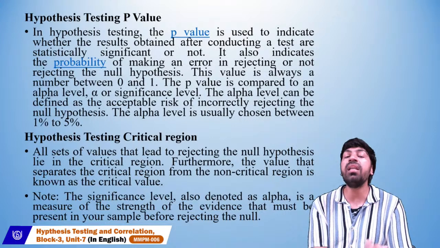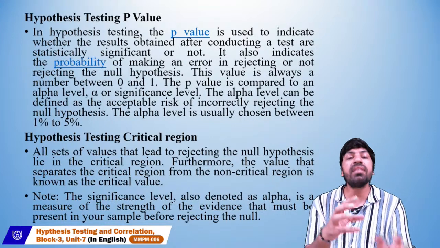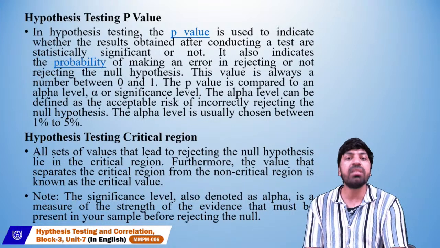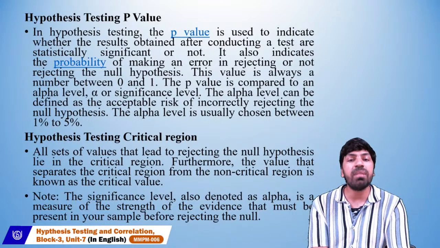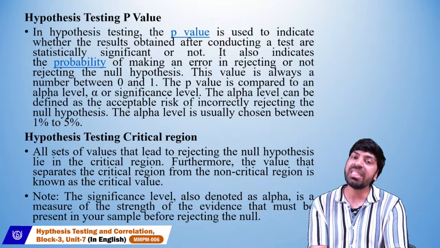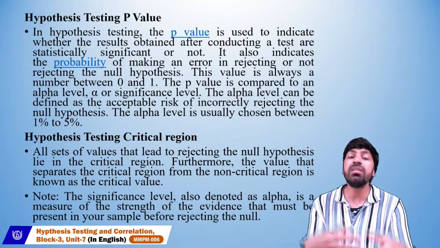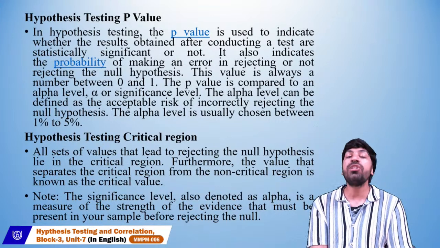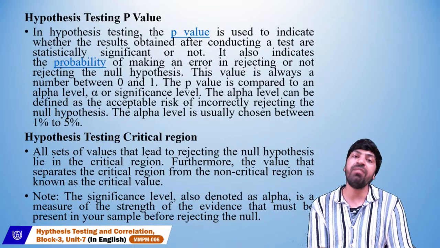If we reject the null hypothesis, that means there is a statistical significance or differences between the possible outcomes or the stated variables. So this is how hypothesis testing is done using the concept of p-value.